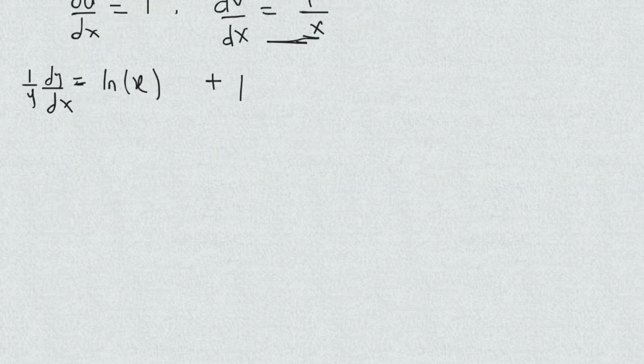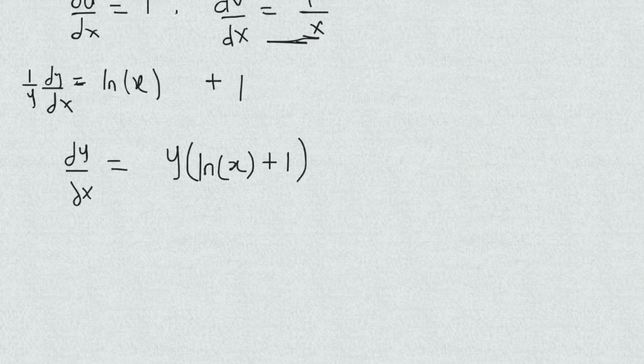The next thing I'm going to do is multiply all through by y, so I have dy/dx equal to y multiplied by ln x plus 1.